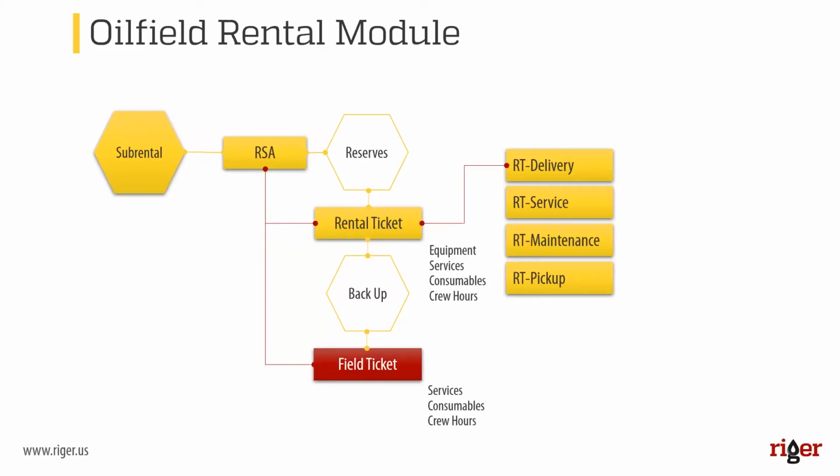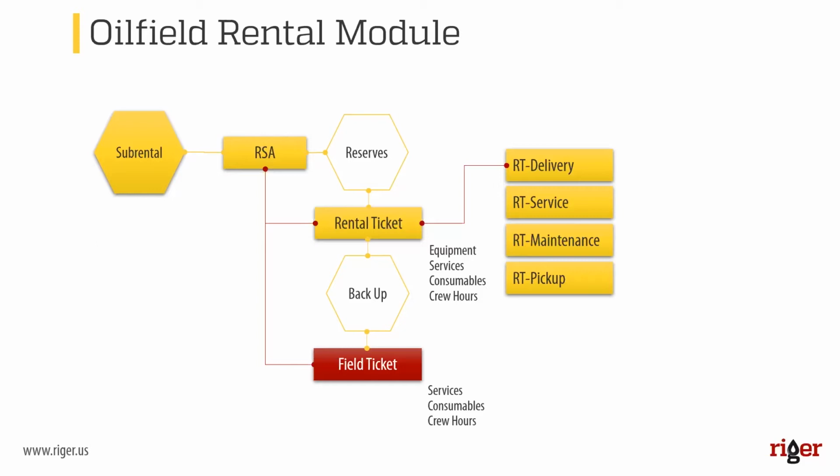Sometimes, as you may see on the left side, we may have a subrental module enabled, because the subrental module is used by companies that use third-party equipment that doesn't belong to the company itself. If you subrent equipment from someone else, you may be using this subrental module, which gives you the ability to track equipment of other vendors.